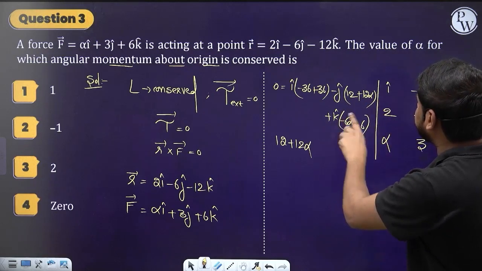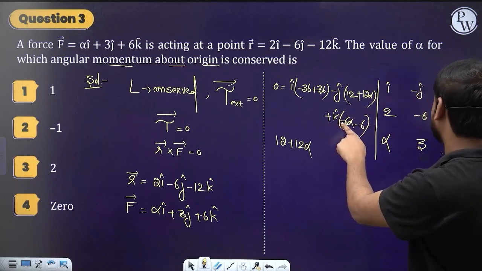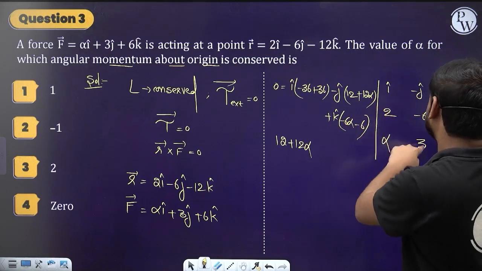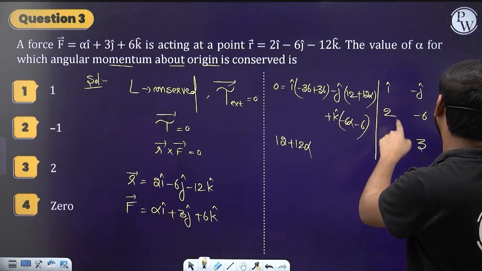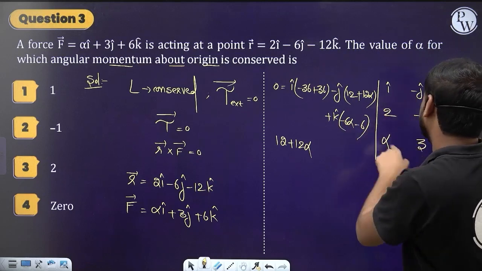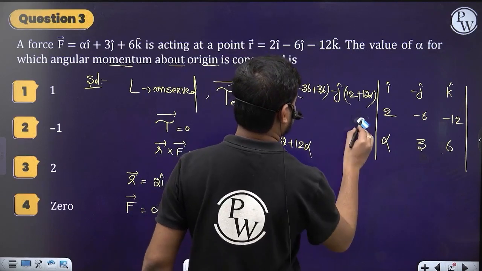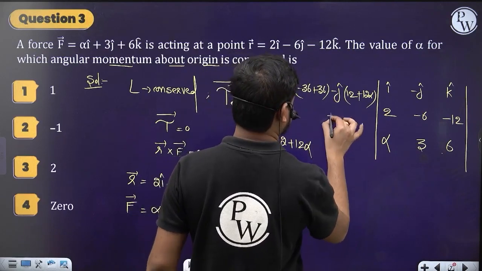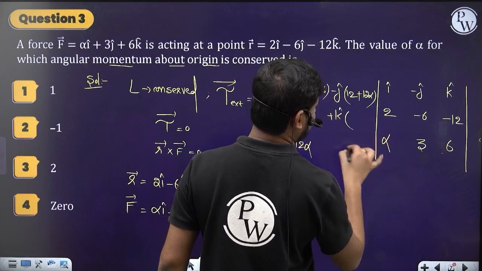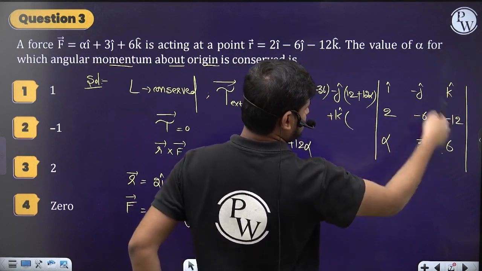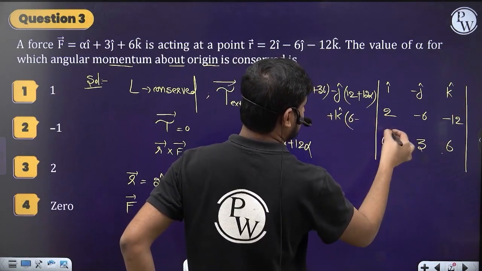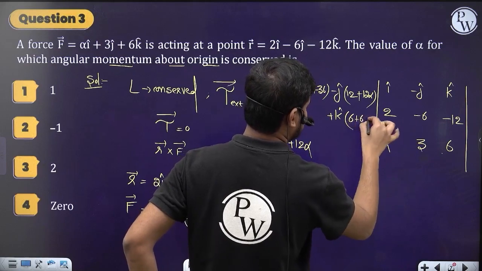And then k cap, which is 6, 2 into 3 is 6, minus half minus plus 6 alpha, sorry, so plus k cap into, so what we can write here, this part, 2 into 3 is 6 minus of minus 6 alpha is plus 6 alpha, right.